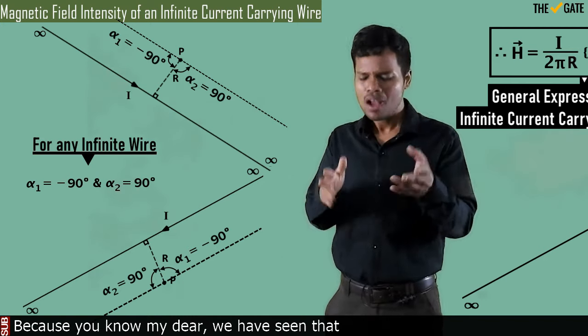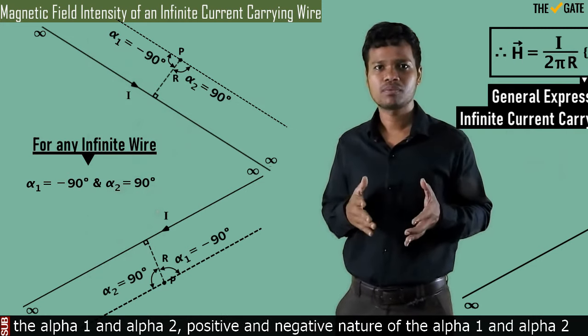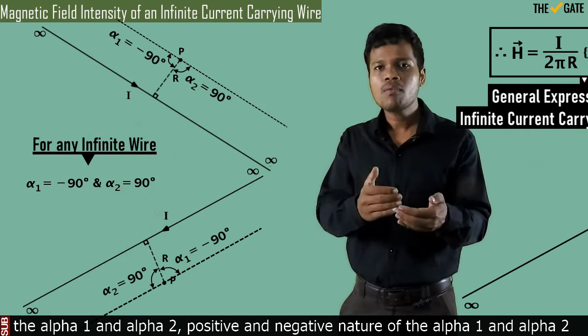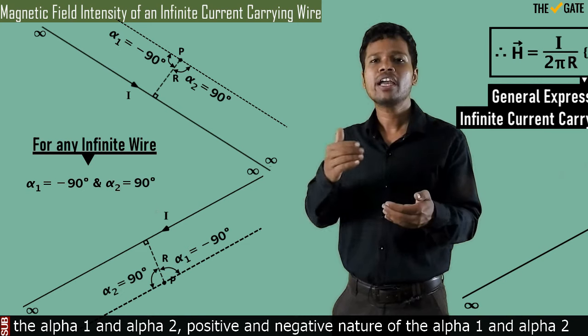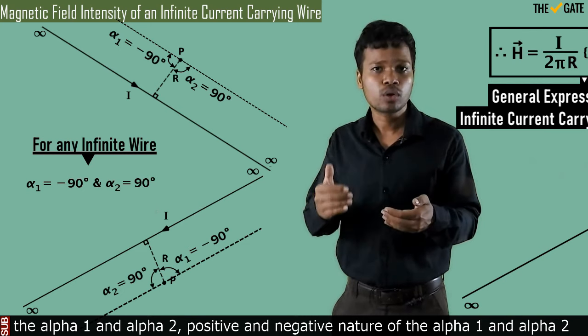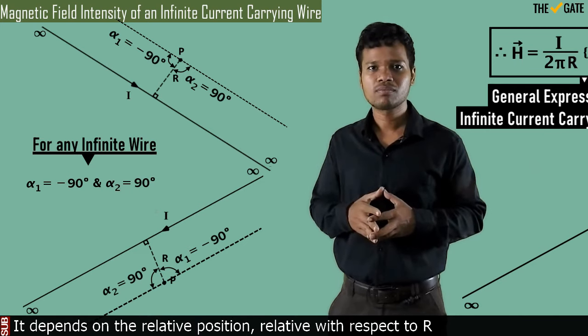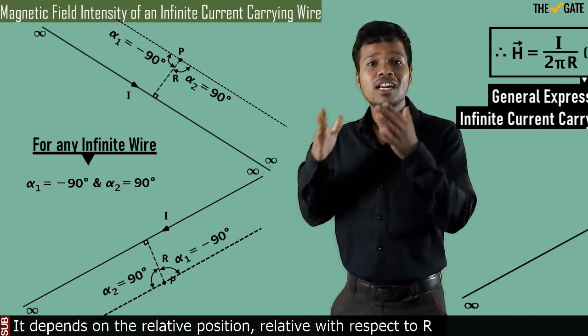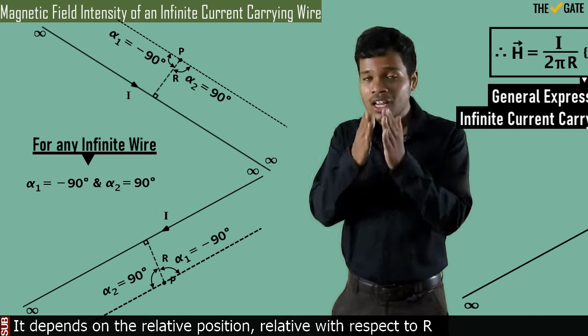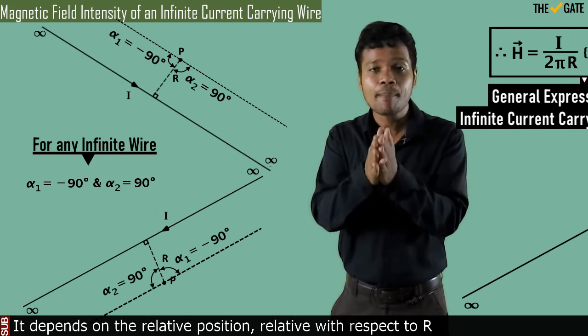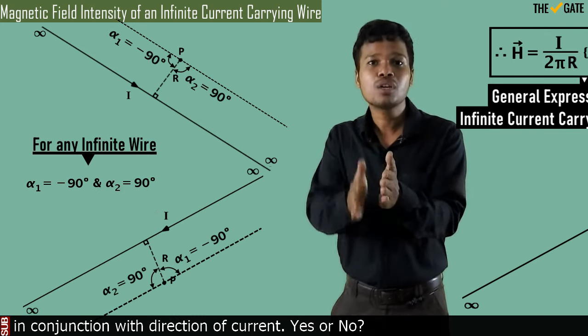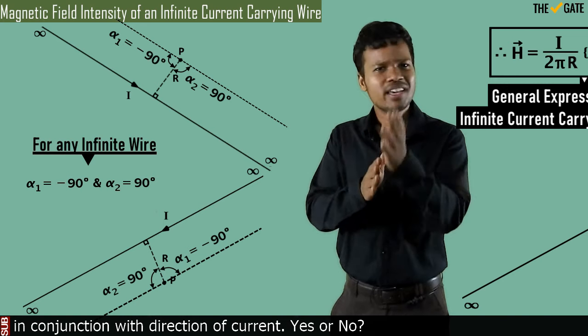Because you know, my dear, we have seen that the positive and negative nature of alpha 1 and alpha 2 doesn't depend on the actual location of the wire. It depends on the relative position with respect to capital R in conjunction with the direction of current. Yes or no?